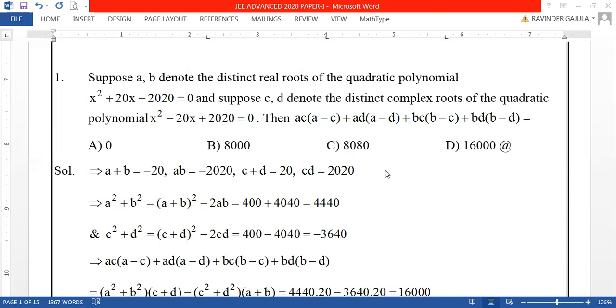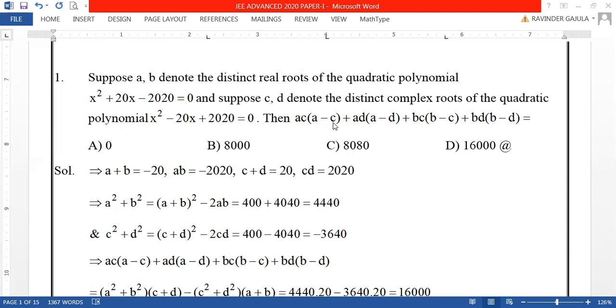Okay, friends. So this is one simple question, I feel, because there is not much difficulty in solving this question. Data is very clear. Even the concept is also very simple.